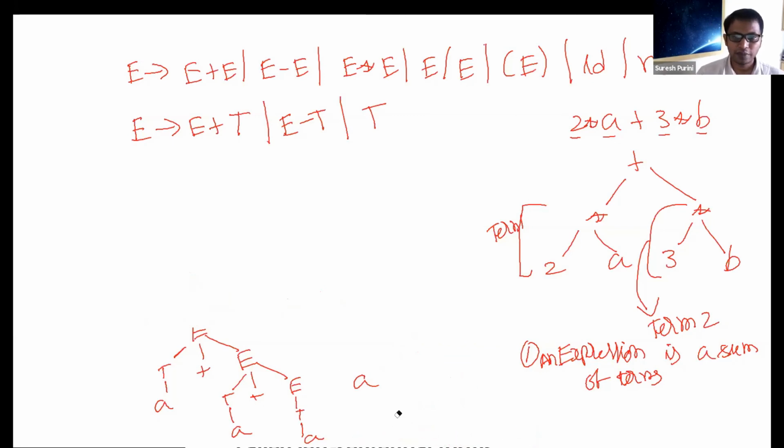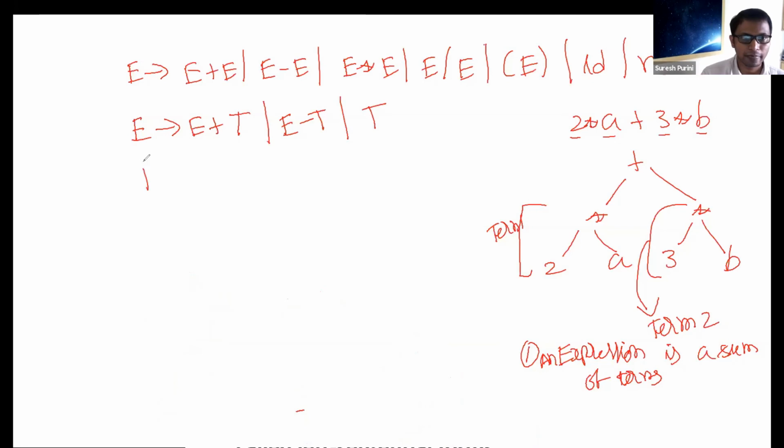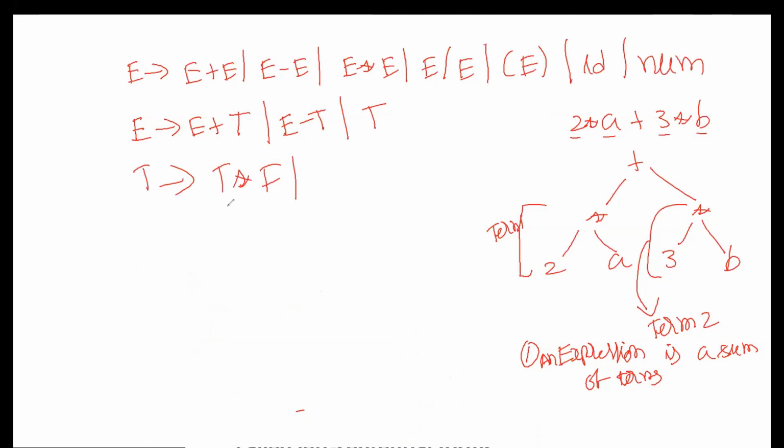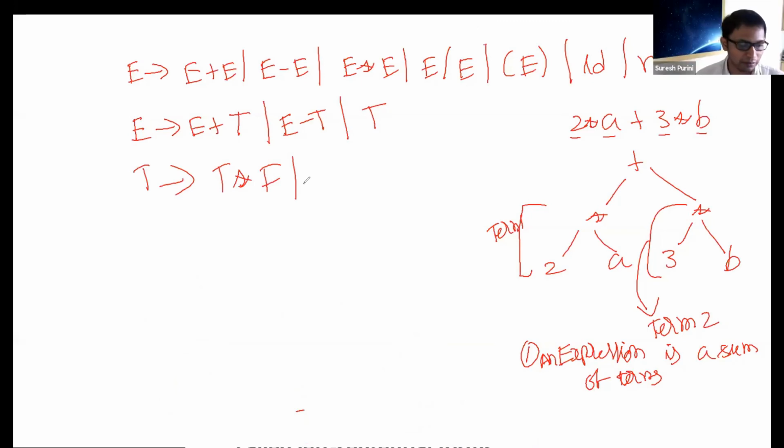So now an expression is a sum of terms. What is a term? A term is a product of factors. Again, here you have the option of writing T star F or F star T. Depending upon how you write it, the corresponding associativity will be assigned to the multiplication operator.